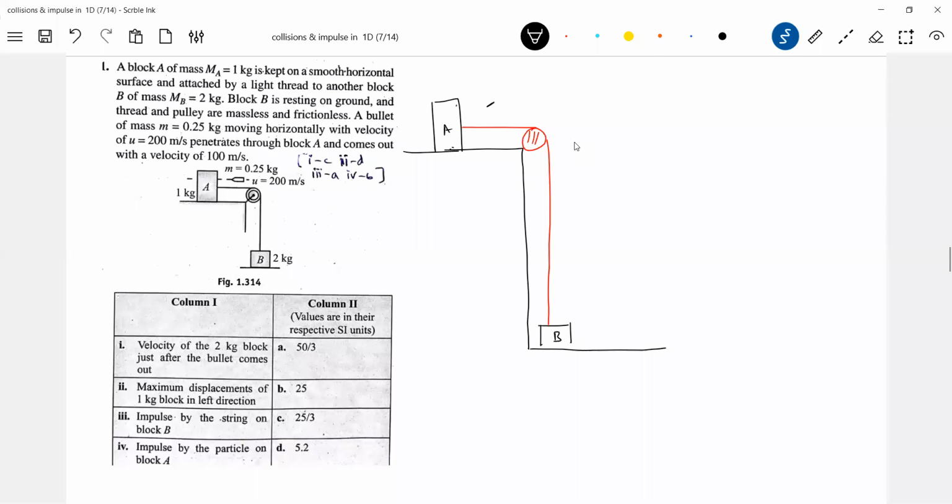And there's a bullet. Same, I think the initial diagram only. What is the condition?